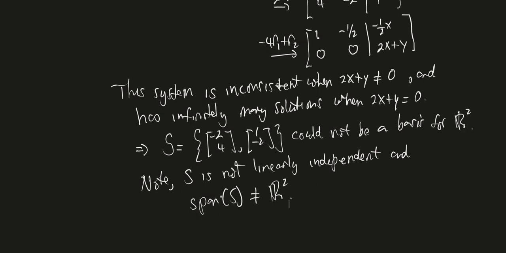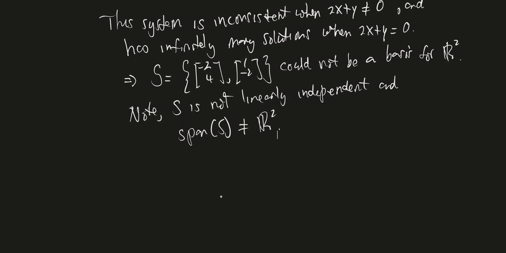All right? Okay, so what does it look like for R3, R4, and so forth? Well, it's the same idea, and what I will state now is the standard basis for Rn.